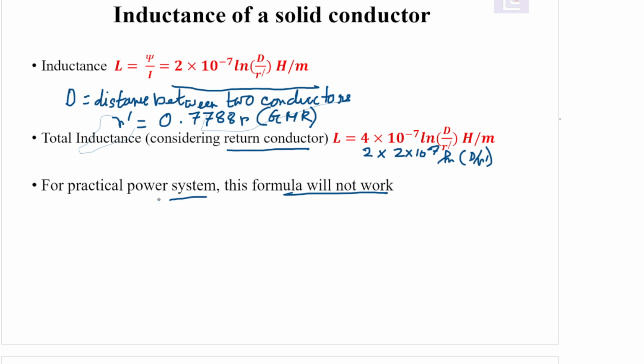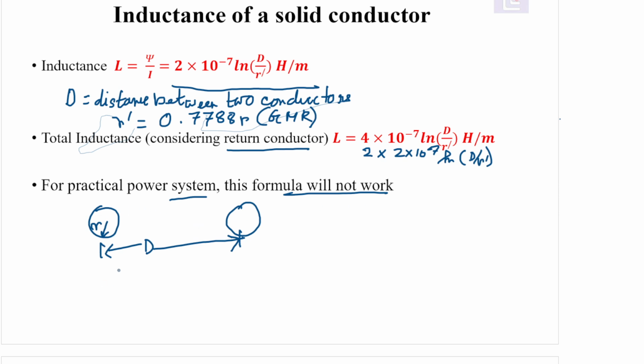What we have considered here is a solid conductor. We consider another solid conductor, which is assumed to be a return conductor. Then we measure this as our radius, and we measure this distance as d. Now in the practical case, we don't have any solid conductor like this.